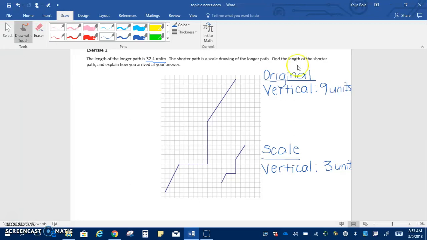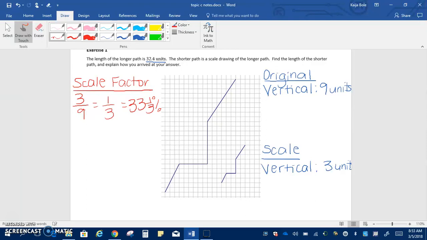Okay, so now we are going to use this to help us find our scale factor. I'll do that over here. So for scale factor, remember it's always scale over original, so this would be 3 over 9, which we know is 1/3, which would be 33 1/3%.